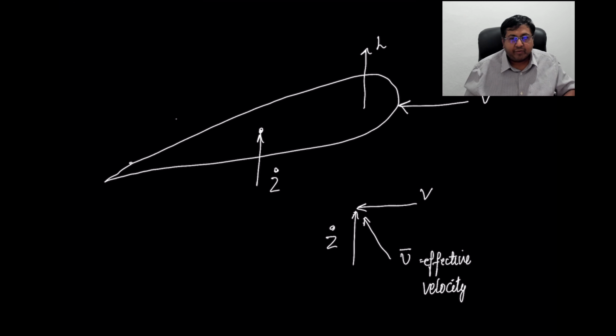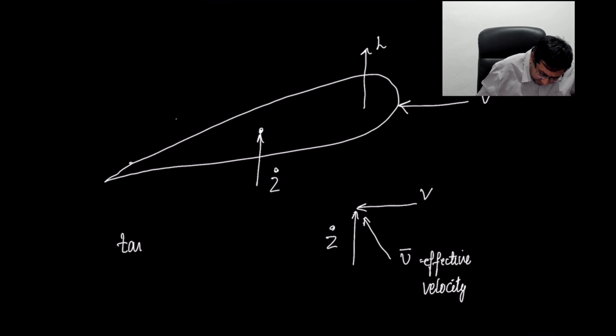If I know my effective velocity in that direction, then I can easily use that to calculate the effective angle of attack, theta. So I can write tan theta is nothing but z dot by V.